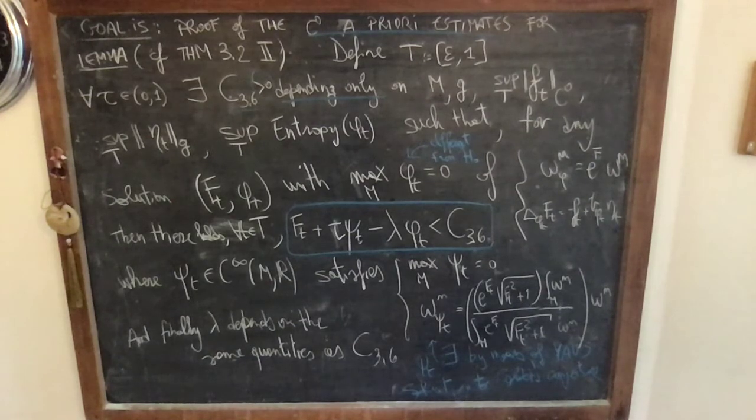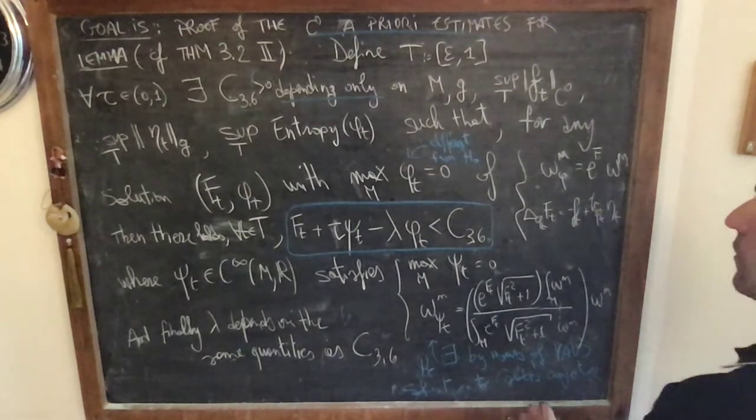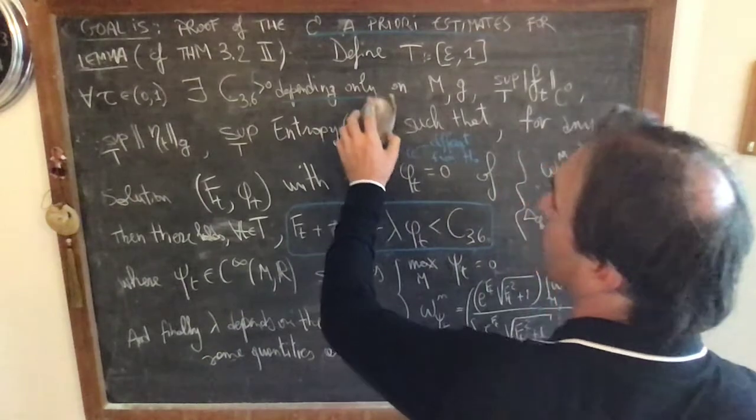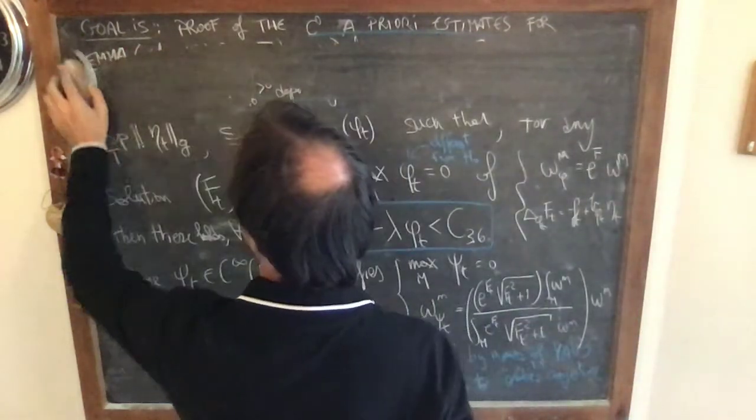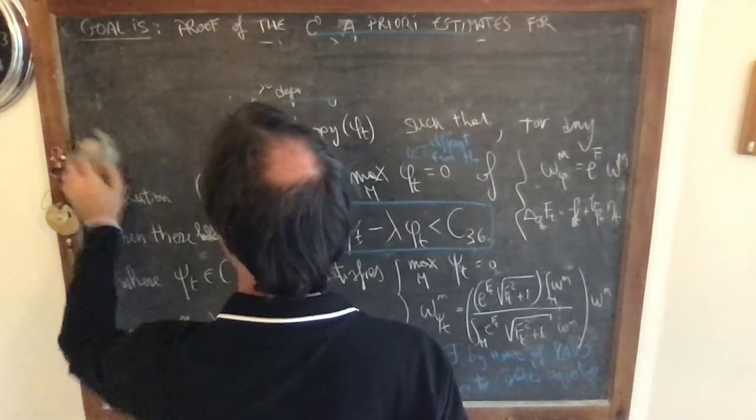And in the proof we are going to drop the subscript t for convenience, and we just keep it in mind. Okay, the blackboard is not large enough to contain everything.